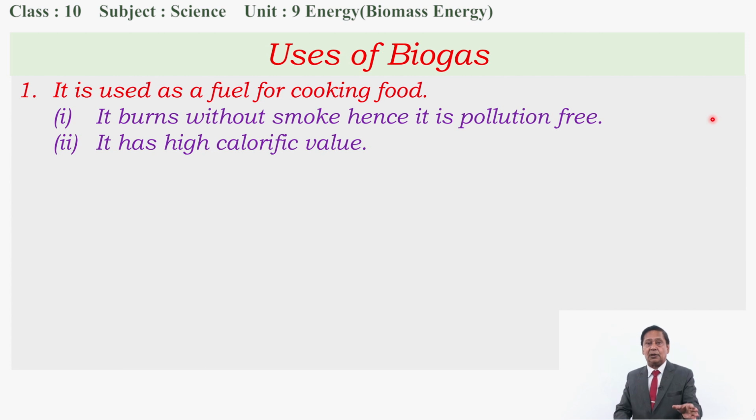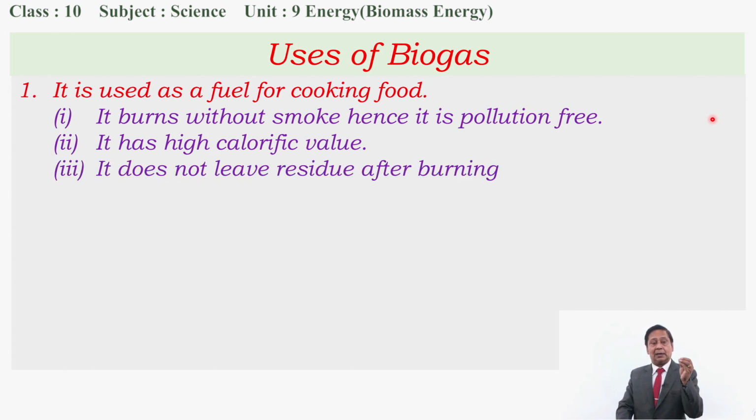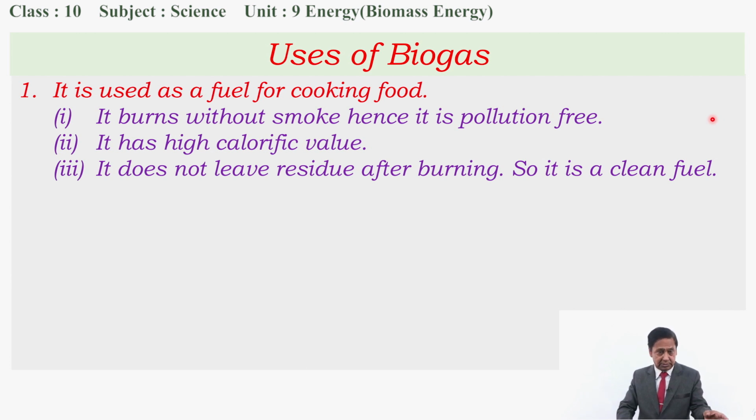It has high calorific value. High calorific value means that per unit mass, when it burns, it produces a huge amount of heat energy that is very helpful to cook food, and it does not leave residue after burning. So it is a clean fuel also. It does not leave any residue like ash. If firewood is used, then ash is produced.